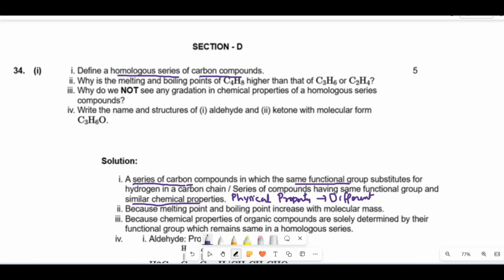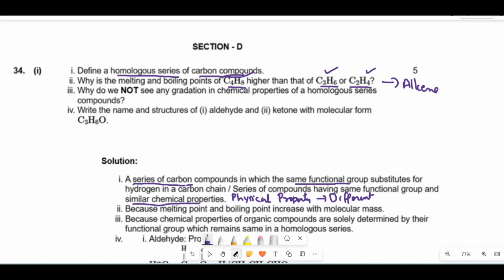Okay. Now there is a second question. Why is the melting point of C4H8 higher than C3H6 and C2H4? These C2H4 and others are all alkenes. The first member is C2H4, second is C3H6, and the next is C4H8. So C4H8 will have a higher melting and boiling point than C3H6 or C2H4, because they have different numbers of carbon atoms.